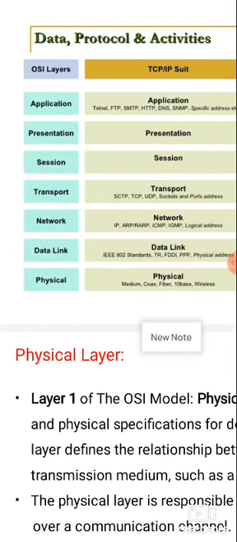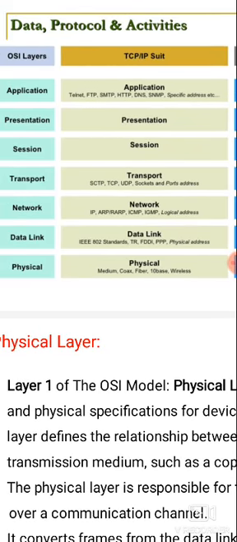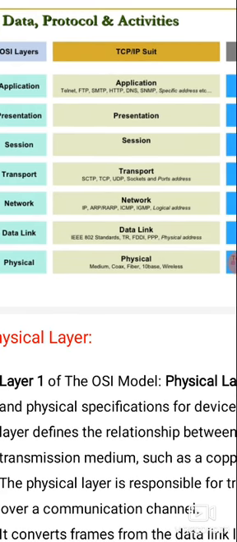Next, the data link layer. The data link layer uses the IEEE 802 standards. It connects to the internet protocol using IEEE 802 standards. IEEE stands for Institute of Electrical and Electronic Engineers. These are the communication standards, the Ethernet standards.